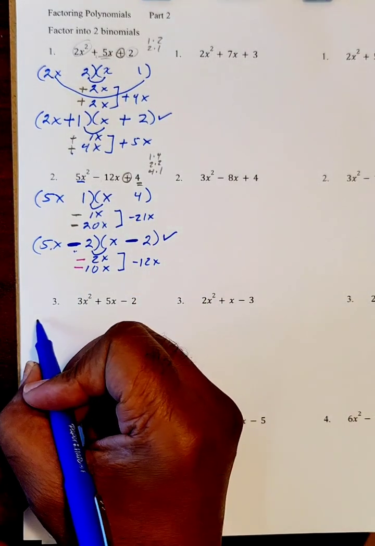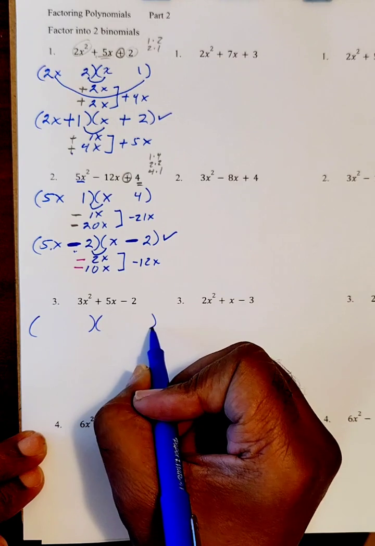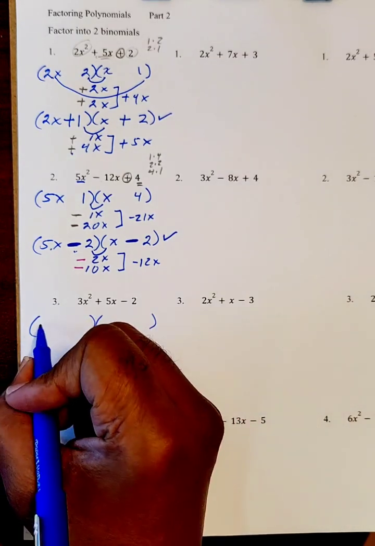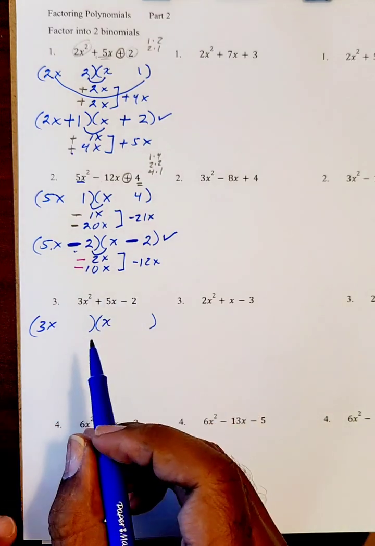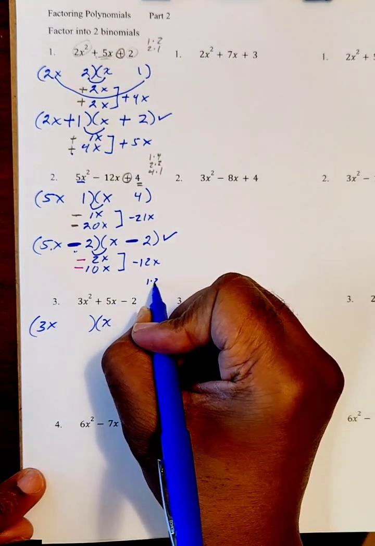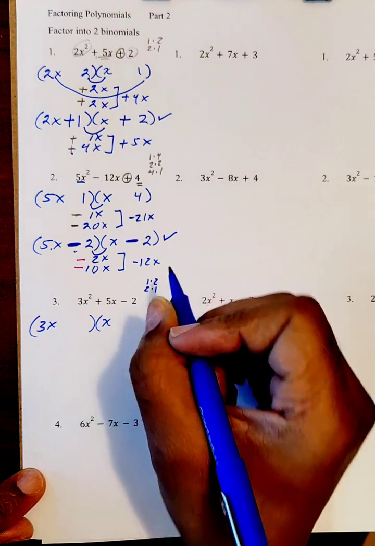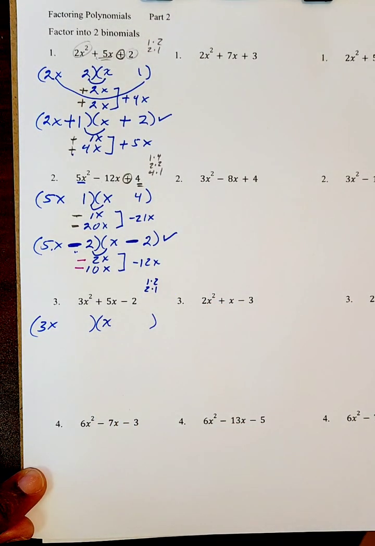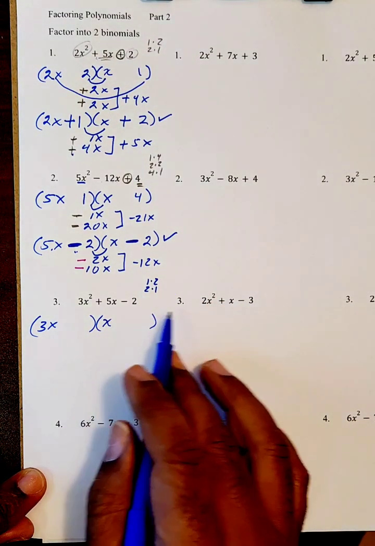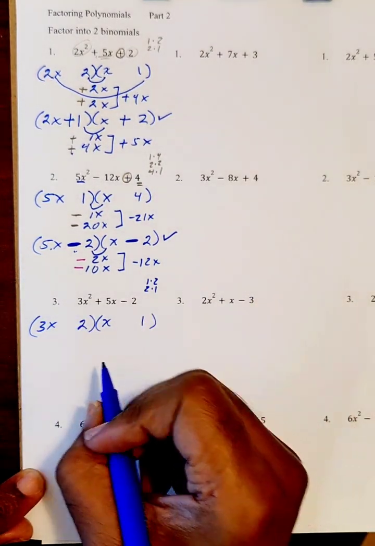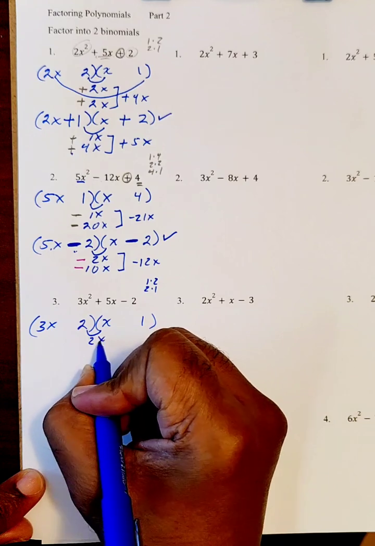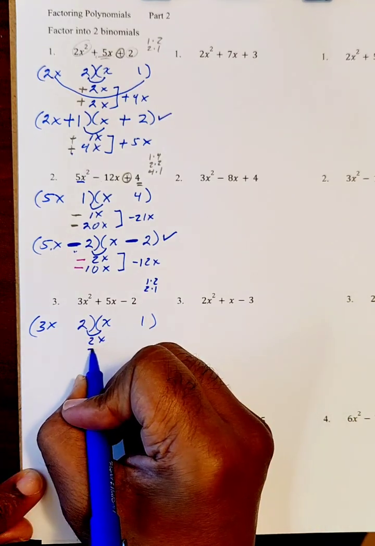Okay, number 3. We're going to start off with 2 binomials. And 3x squared, we'll assume that used to be a 3x times an x. Now the 2 is either a 1 times 2 or a 2 times 1. We're not sure which one it might be. So let's try the 2 times 1 first and see if that works. This will give us 2x, and 3x times 1 will give us 3x.